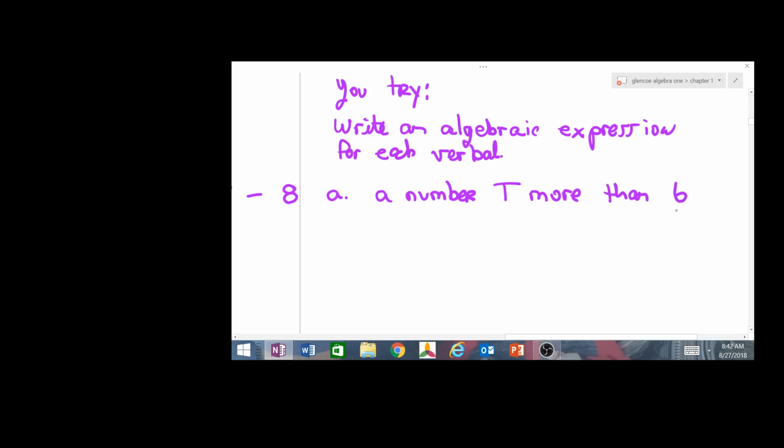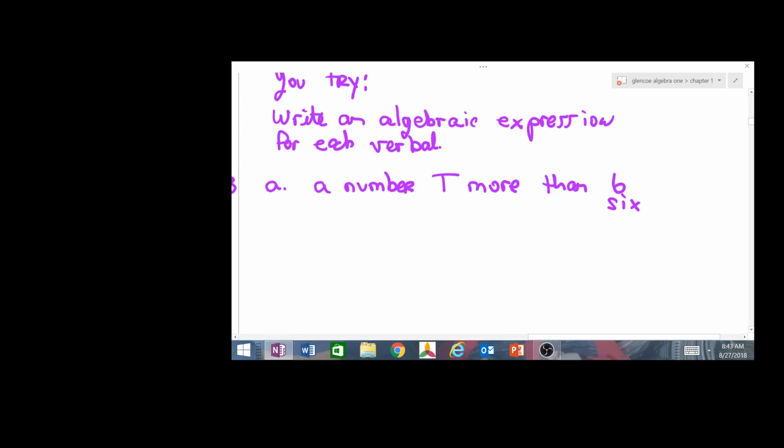A number T, and I made it a capital T so you wouldn't think it was an addition sign. A number T more than 6. And here's your second example.